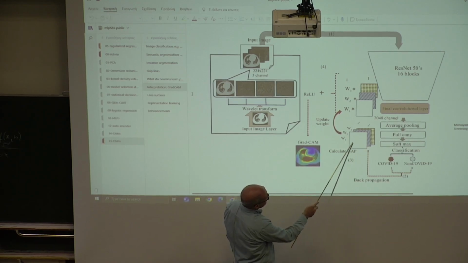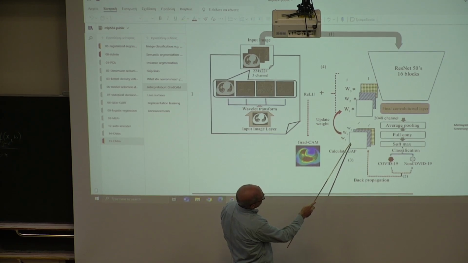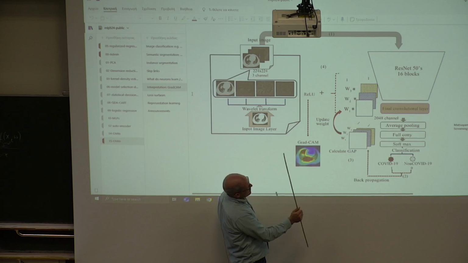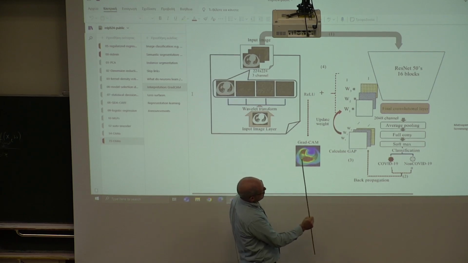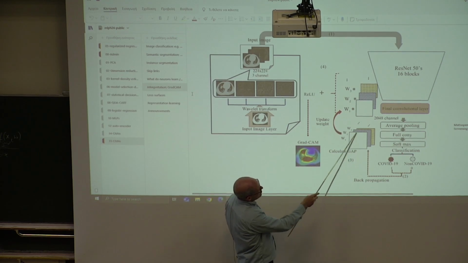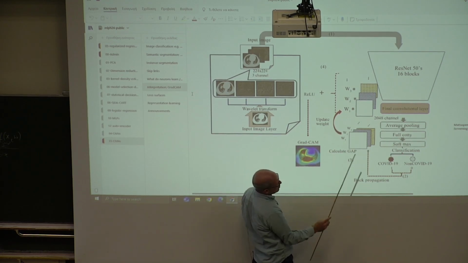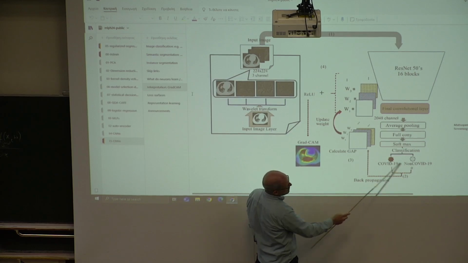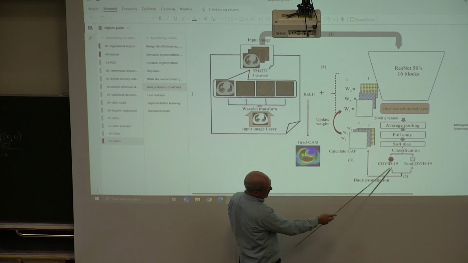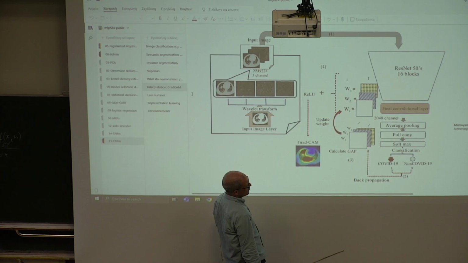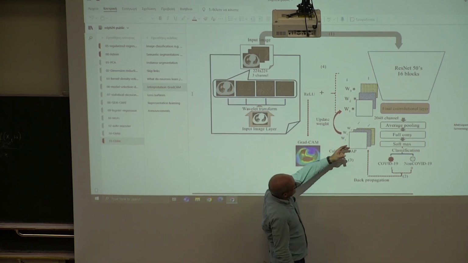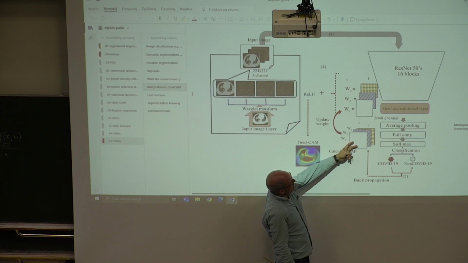So you can ask, in a particular image, how would I need to change my activations in the final convolution layer so as to make this image look more or less like showing COVID symptoms. So these are still images, and these images are then simply summed up. Yeah?